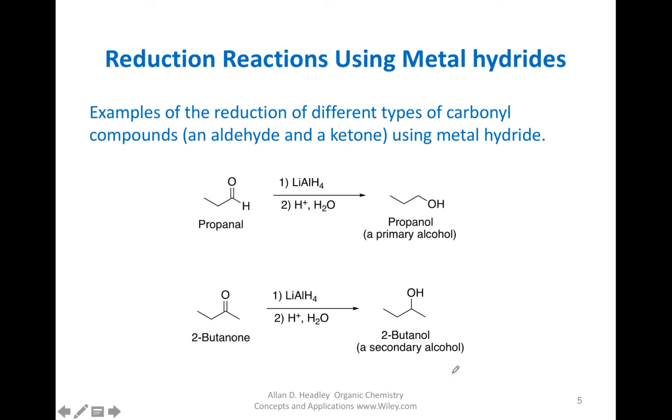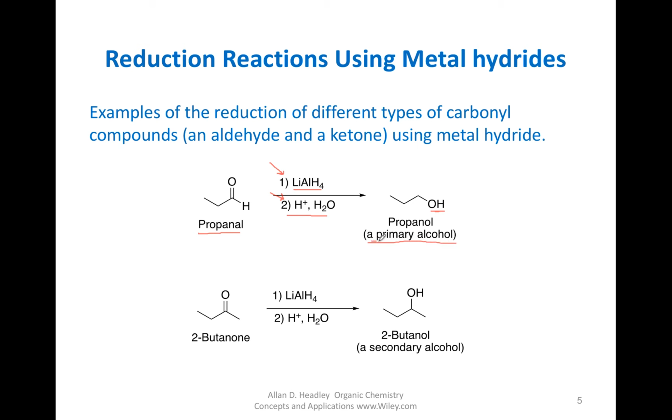Some examples. So we have here propanal, an aldehyde, reacting in step number 1 with lithium aluminum hydride, followed by step number 2 with acid and water. Sometimes you'll see that as acidic workup. What you'll get here is an alcohol, and it's a primary alcohol.